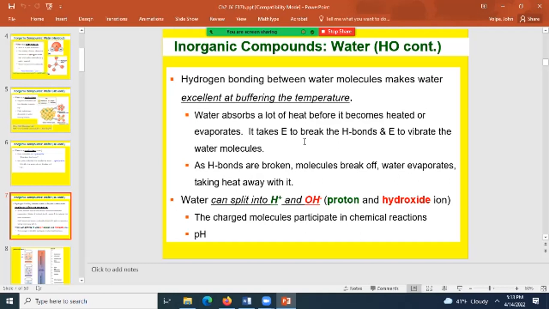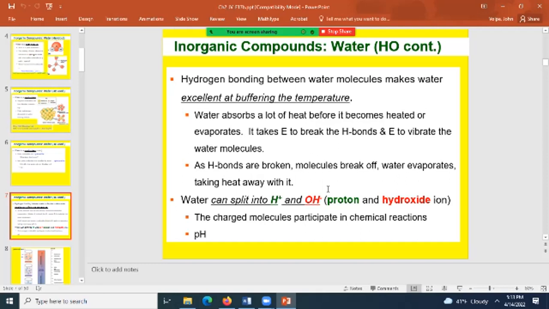Okay? And then when water molecules evaporate, the water molecules with the most energy are the ones evaporating. So that keeps the body of water cool, because the molecule with the most energy is the one evaporating.